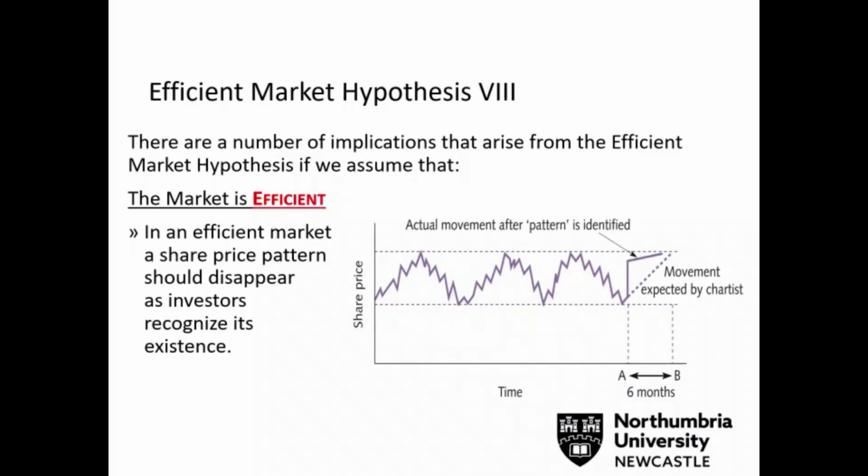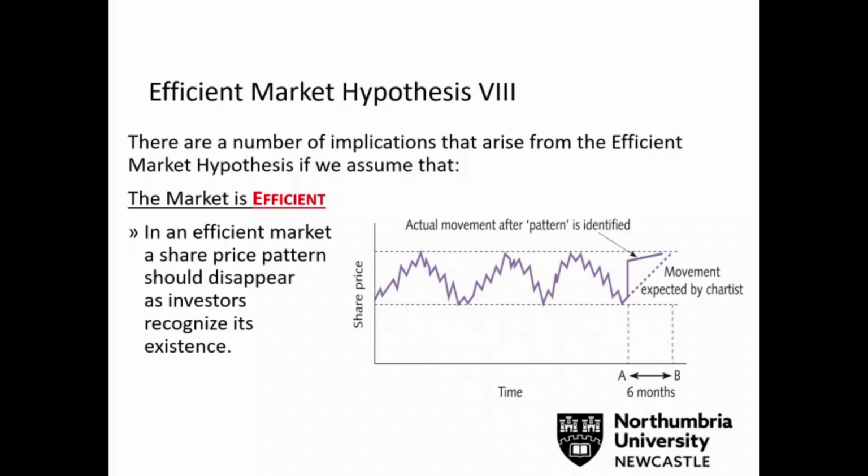In this example here, there is an observable pattern. But if the market is efficient, then if a pattern is observed, then over time, investors or the market will realize there's a pattern, therefore this pattern will disappear. And this concept of a pattern disappearing supports the concept of random walk.